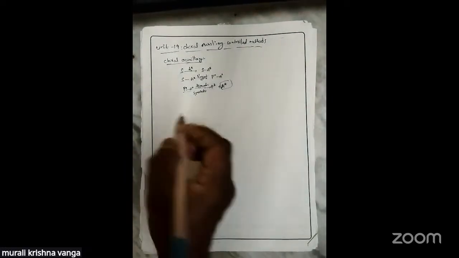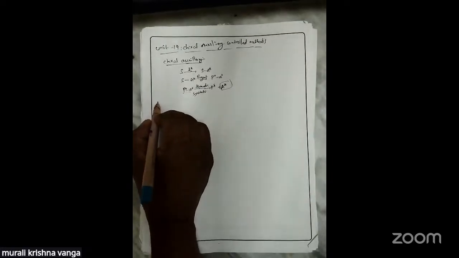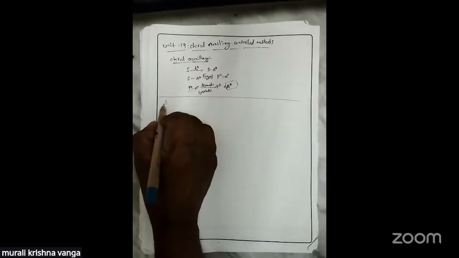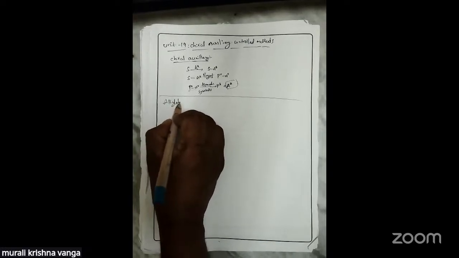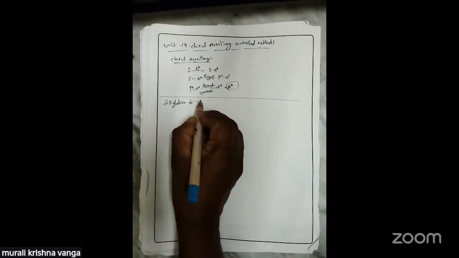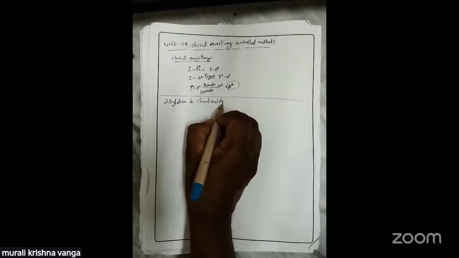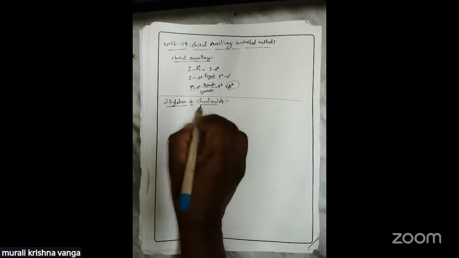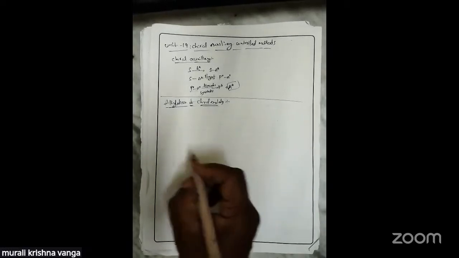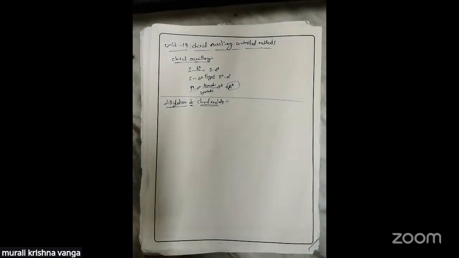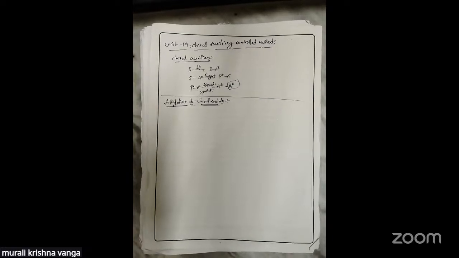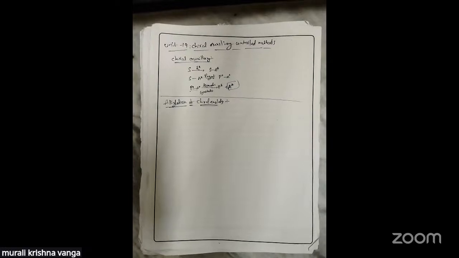Alkylation of chiral enolates. First one is alkylation of chiral enolates. So the most widely used asymmetric alpha substitution of carboxylic acid is carried out through an acylation derivative of S-2-hydroxymethyl pyrrolidine.